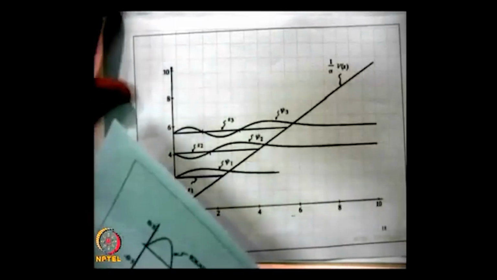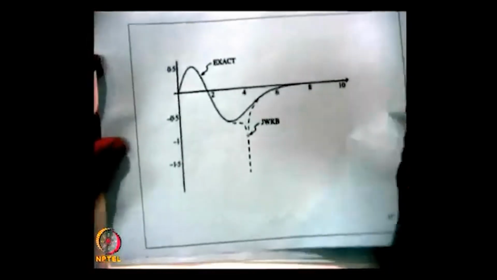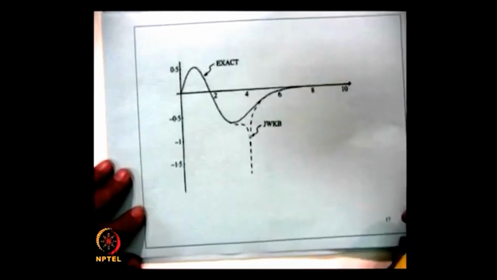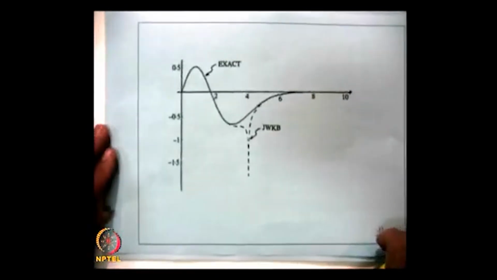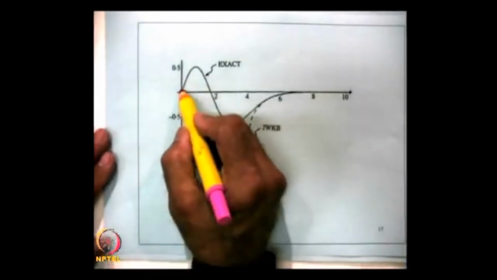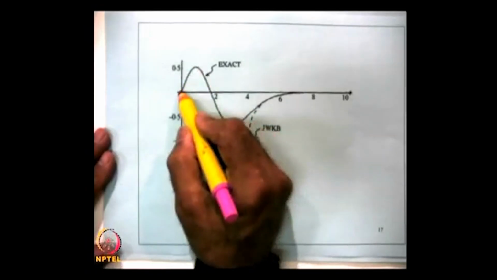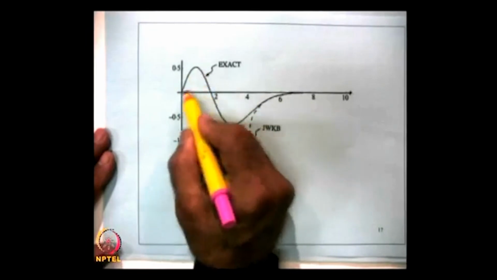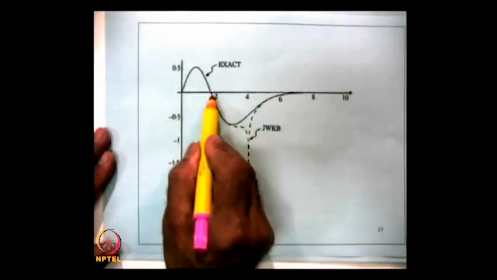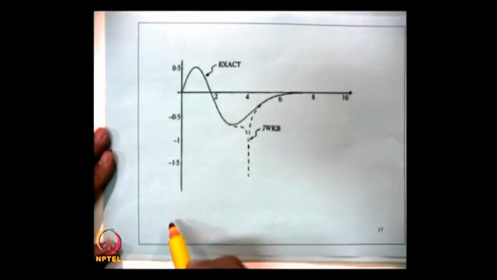Now using the JWKB solution, the result that comes out is something like this, where we had assumed the JWKB wave function to be 0 at x is equal to 0. So it almost hugs the exact solution.